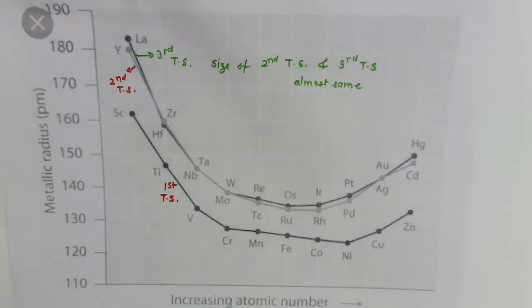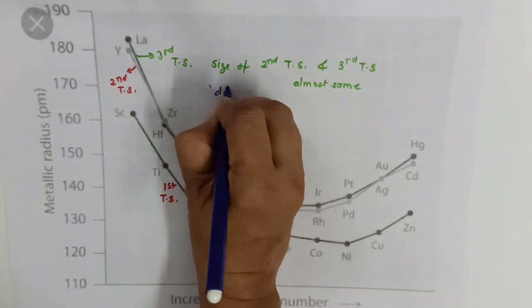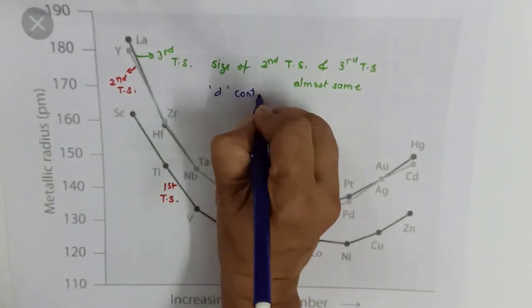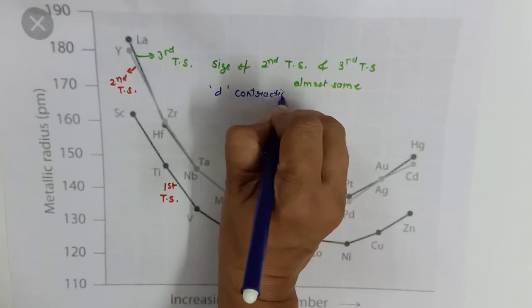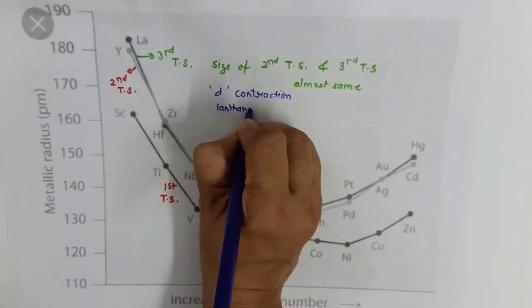This is a very interesting case, that the atomic radii of the second transition series and that of the third transition series are almost same. The reason is explained by a phenomenon called lanthanoid contraction.